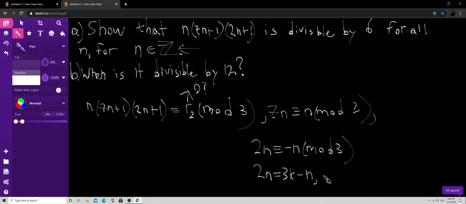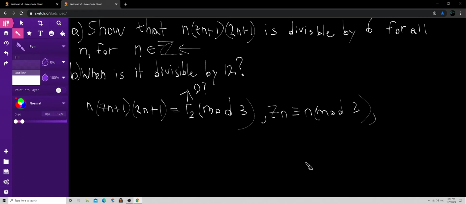And therefore if we add this to both sides, we just get 3n equals 3k. And that holds, right? So that is why that works. And hopefully that makes sense, because if we just look at the constants, again, 2 is congruent to minus 1 mod 3.